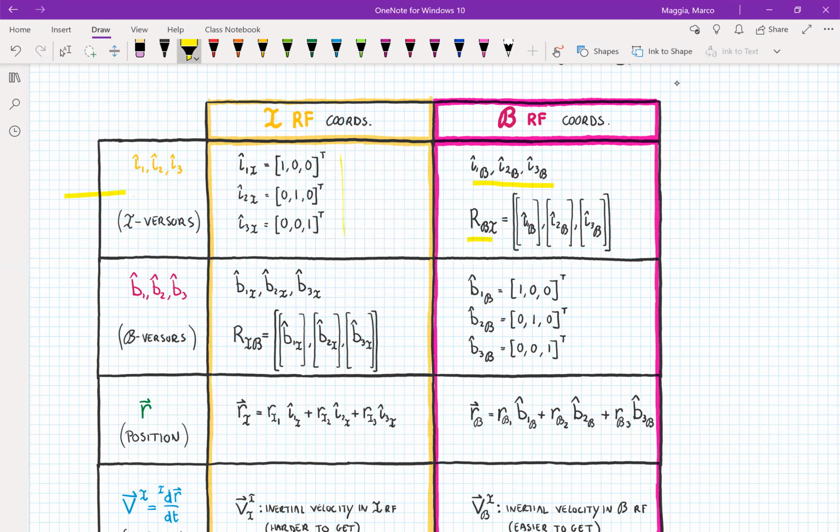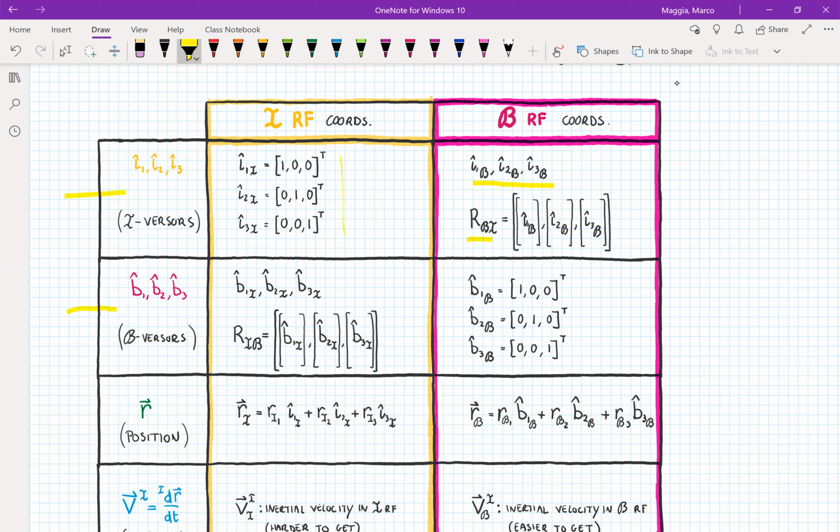So RBI is the rotation matrix that takes us from I to B. So we can construct such rotation matrix by simply placing these versors in the B coordinates as columns of the matrix itself.